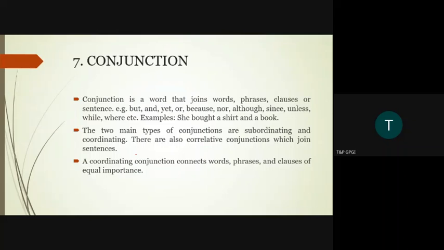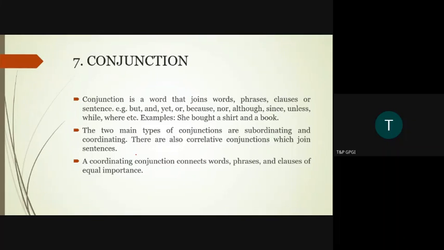So what is a conjunction? What does a conjunction mean? A conjunction is nothing but a word that joins words, phrases, clauses, or sentences. It just joins, it connects the sentences.